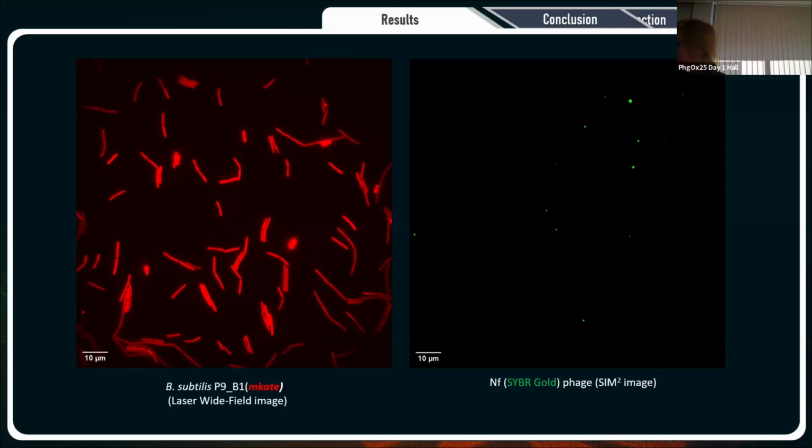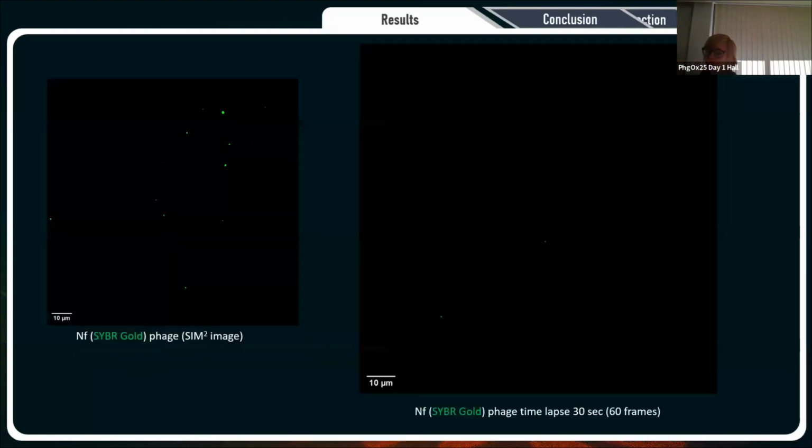However, I feel this is not a very accurate representation of what the phage look like on the pad. This is just a droplet of phage in SM buffer that has been added to the pad and left to dry. What I found the phage look more like is, now it's very hard to see with this much light in the room, but if you look closely, you can see green flashes coming in and out of focus, which is a better representation of what the phages were doing on these pads.